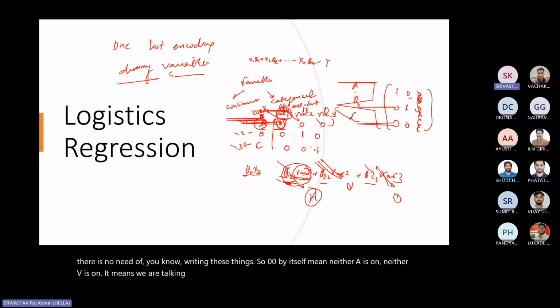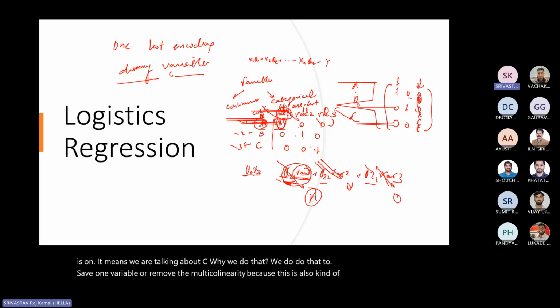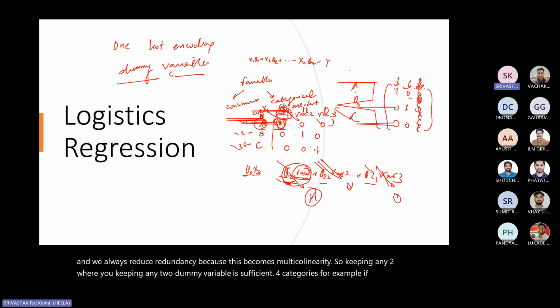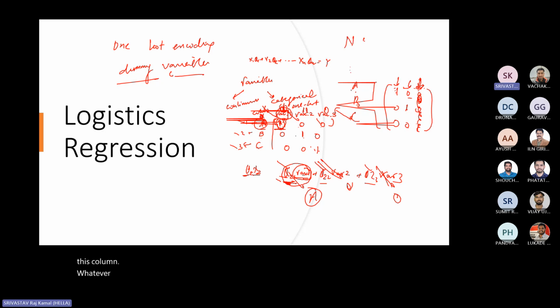Why do we do that? We do that to save one variable or remove the multicollinearity, because this is also a kind of multicollinearity. These two variables are sufficient to tell you whether it is A, B, C. So the third variable is redundant, and we always reduce redundancy because it brings multicollinearity. So keeping any two dummy variables is sufficient for three categories. For example, if this column has n unique values, then only n minus 1 is sufficient to represent the n different values.